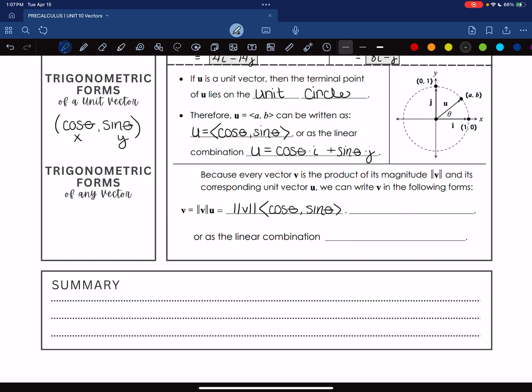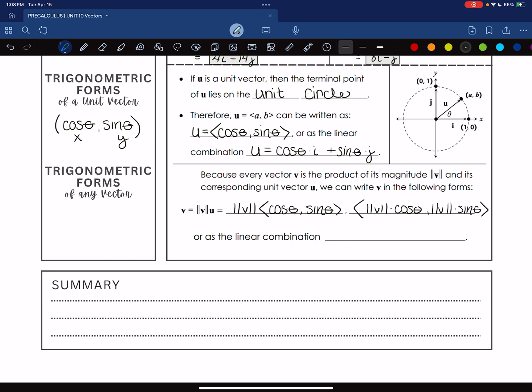And to write it in component form, or to go ahead and multiply this scalar into it, that is to take the magnitude of v, multiply it with cosine theta, magnitude of v, multiply it with sine theta.